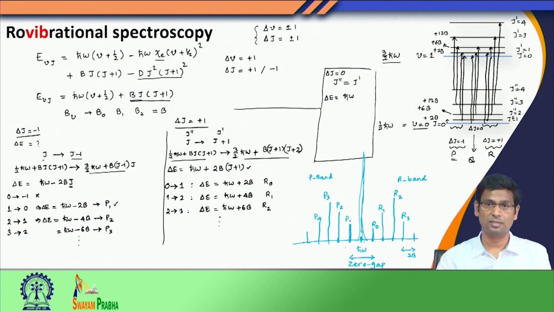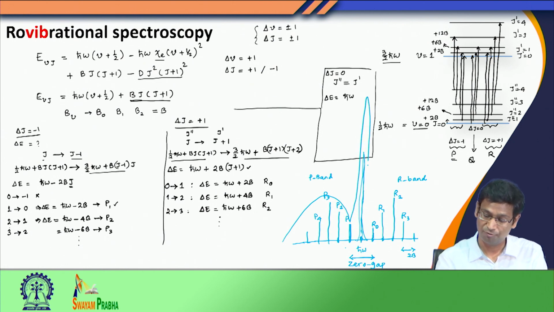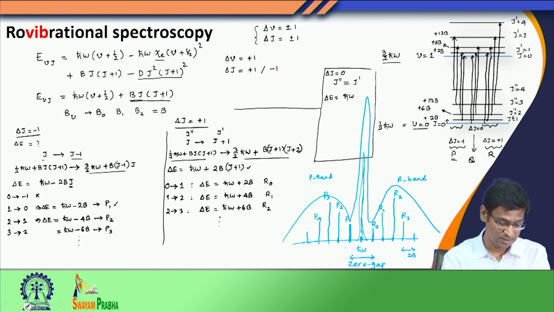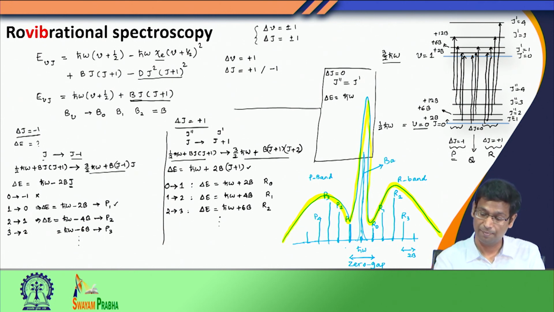Mind you, we do not distinguish now between Q0, Q1, because all of them are going to appear at one energy. And when we make this profile, it often looks like this. This is a typical shape of a rovibrational spectrum where delta j equals 0 transition is allowed, and this region where the Q band appears is called the band head.